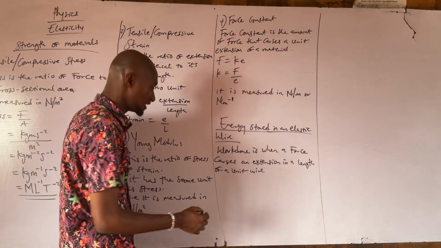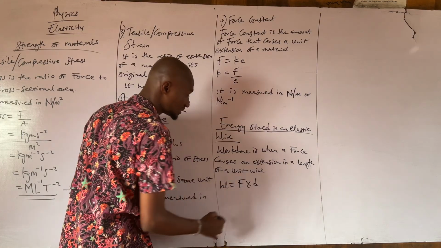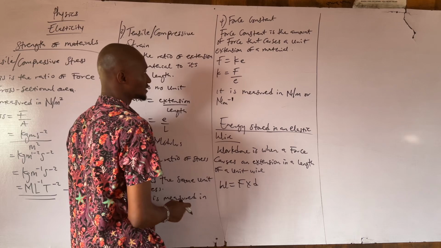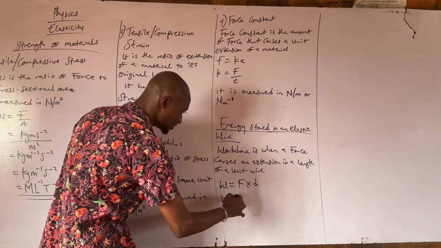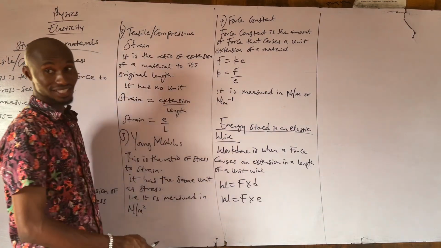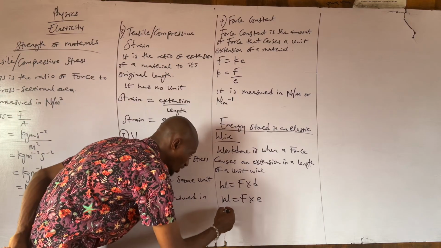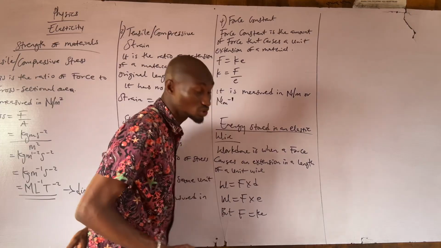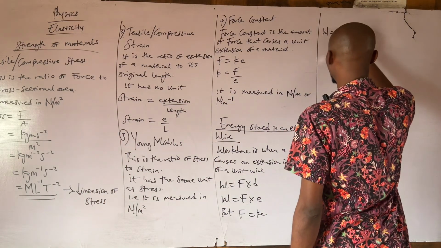And it has a formula. That is W is equals to force times distance, and this distance is an extension. So W is equals to force times E. Now, recall F is equals to KE.